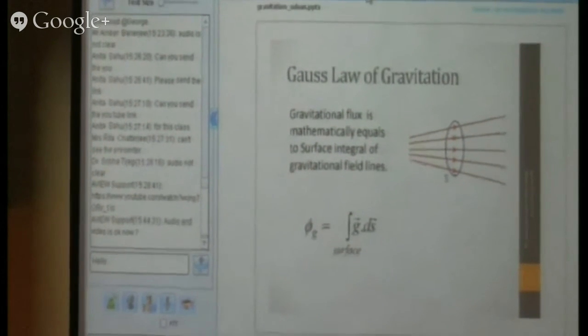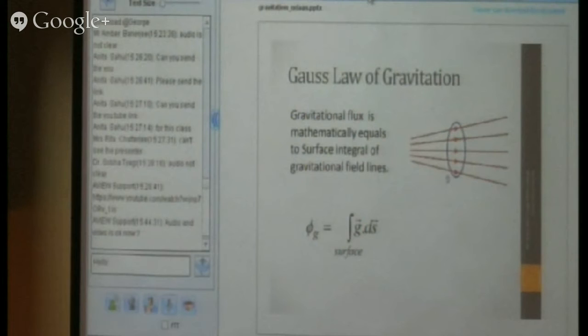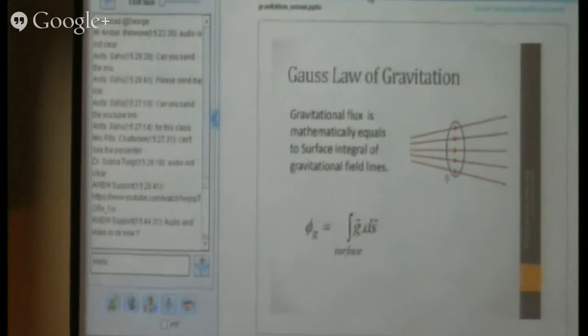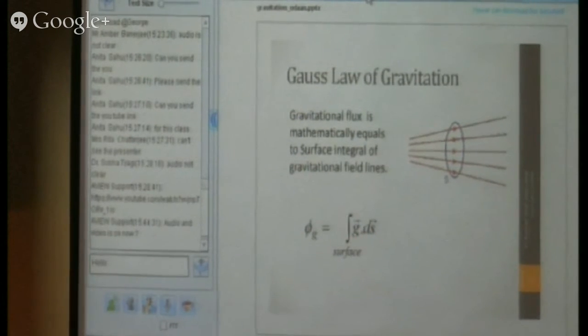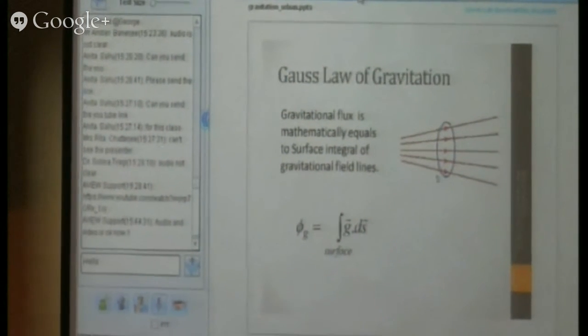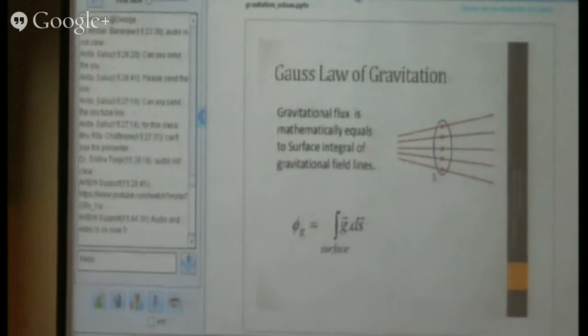Getting my point? This makes very interesting things here. Look, gravitational field is a vector quantity, right? And surface element also is a vector quantity. And if I take a dot product between the two, then what am I getting? A scalar quantity. Look, intelligently what we have done.